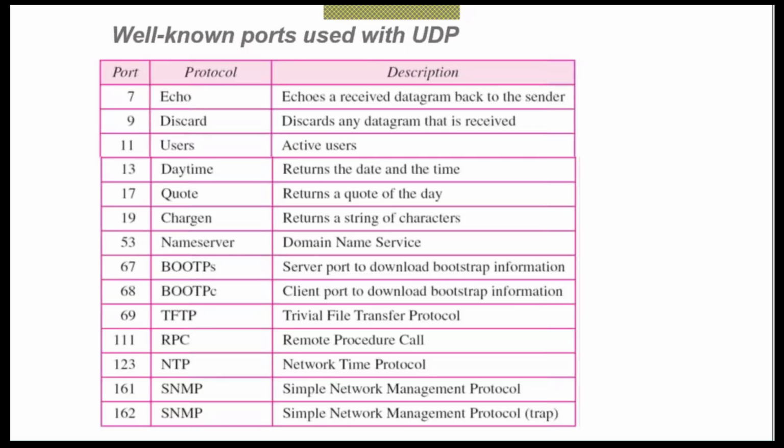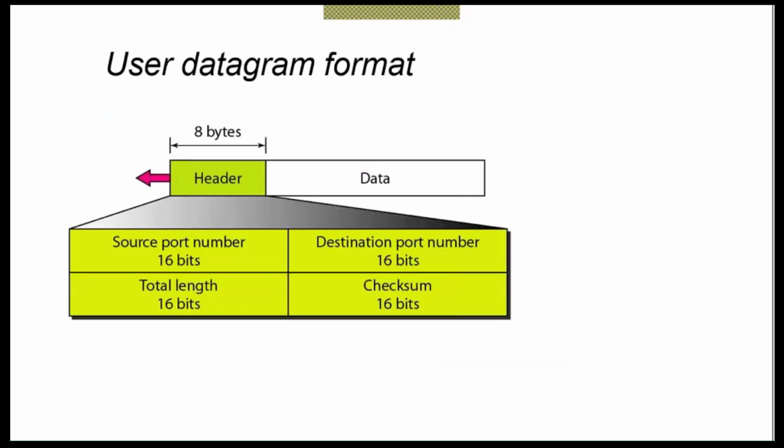This is the format of your user datagram header. Whenever we are using UDP, I have data which is coming from the application layer, and then I'm adding the UDP header. So what is the length of the UDP header? The header length is 8 bytes. There are 2 rows in the UDP header. The length of each row is 32 bits, which is 4 bytes.